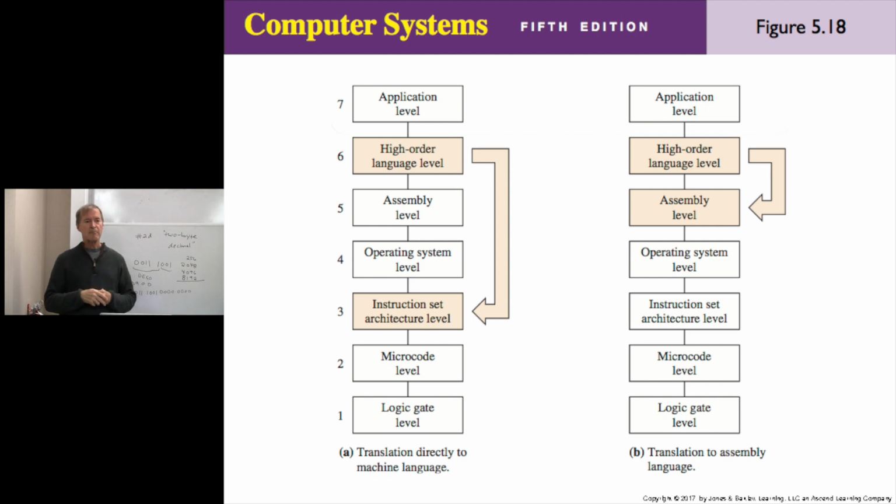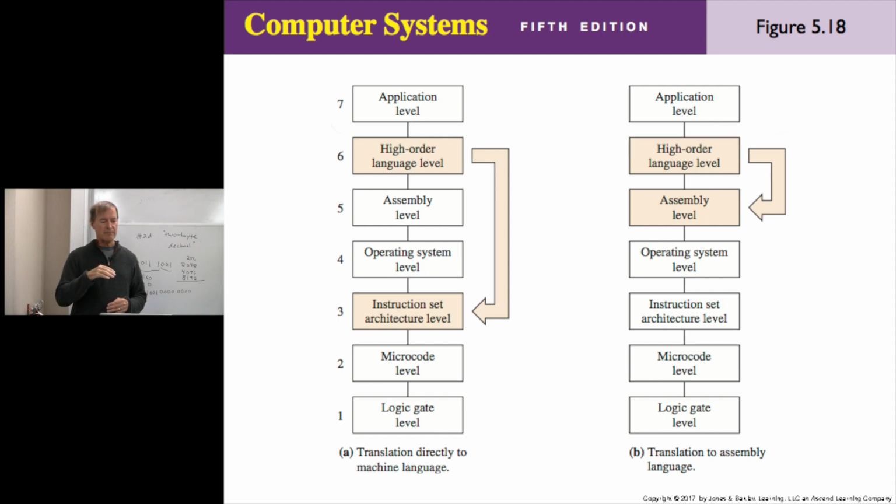But what does a compiler translate from? Here, according to figure 5.18, HOL 6. Right? So it translates programs like C or Java or C++. That's what a compiler does. Now, it's actually quite common, both of these are common.